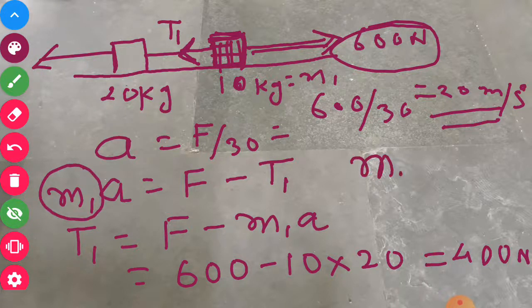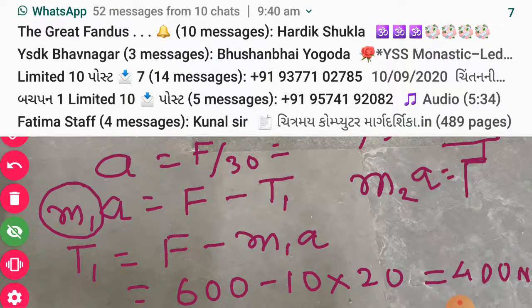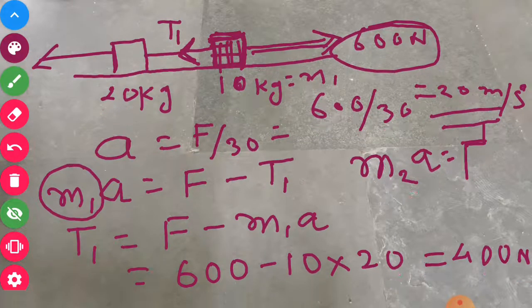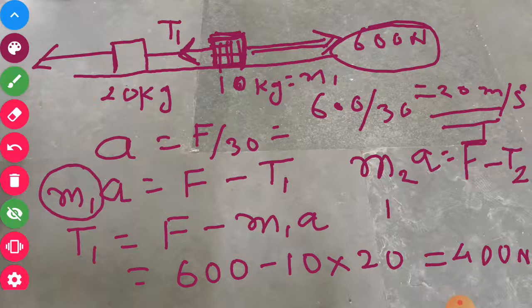Now the equation will be m2a, the resultant force on the 20 kg object, is equal to the force F which you are applying minus the tension. That tension can be say T2, and T2 can be found as F minus m2a, and it can be easily calculated by you, and it is 200 Newton.